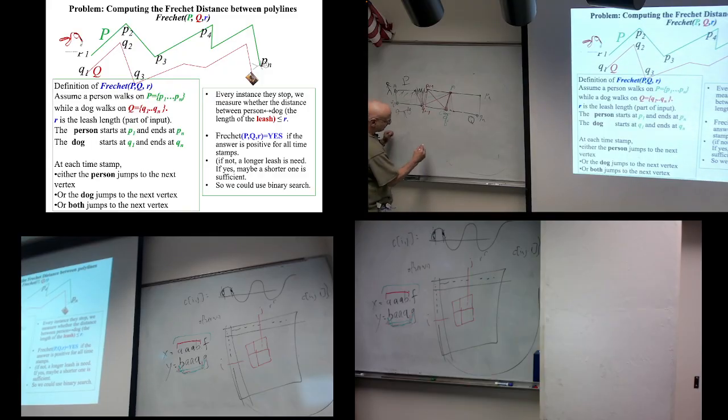Let's assume that my input consists of P with lots and lots of points around it, and Q with lots and lots of points, but Q is straight, and they are very close. So the only difference between P and Q is one point that is somehow out of the way.